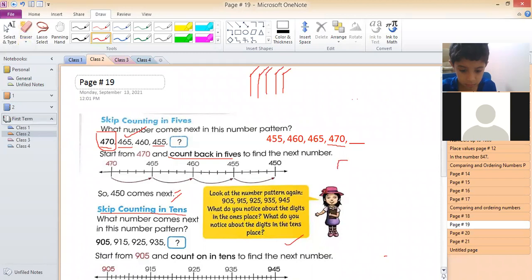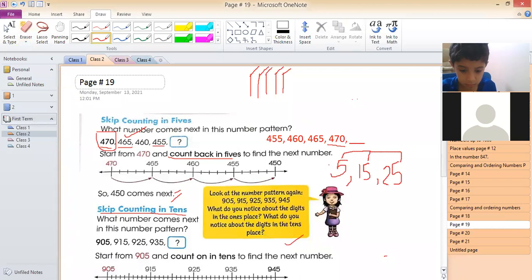I can give you an easy example. If I am counting from 5, then 15, then 25. Look, the place of the ones is the same, 5, 5, 5, but the tens place is increased by ones.